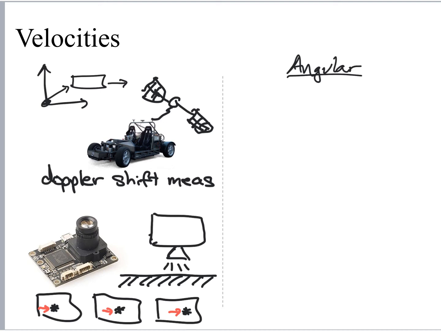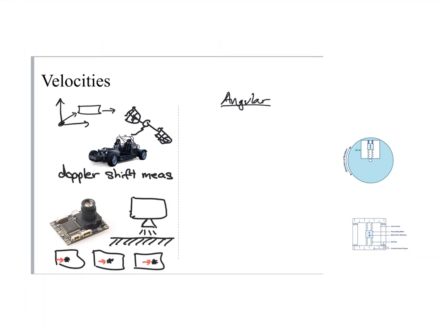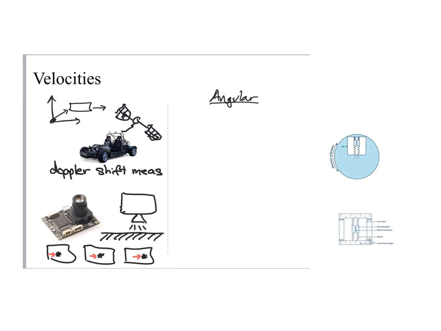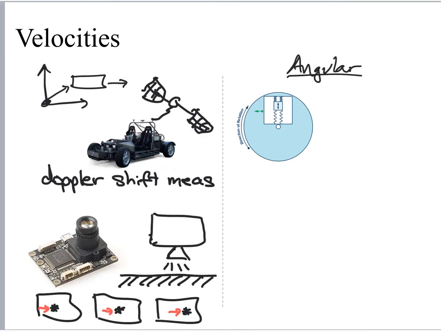So we actually use a trick with angular velocities, and we take advantage of the fact that the angular velocity produces other effects. And so we use a sensor that we call a MEMS, a micro electromechanical system gyroscope.